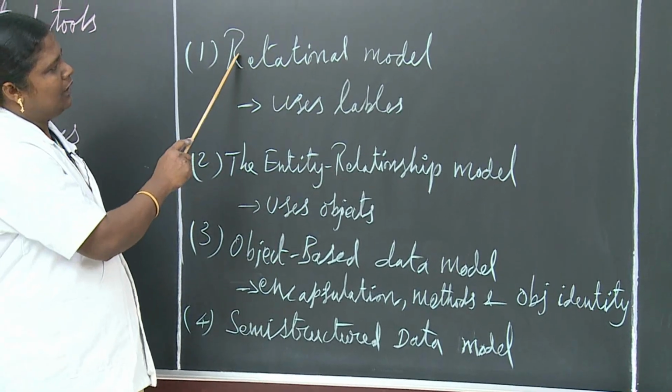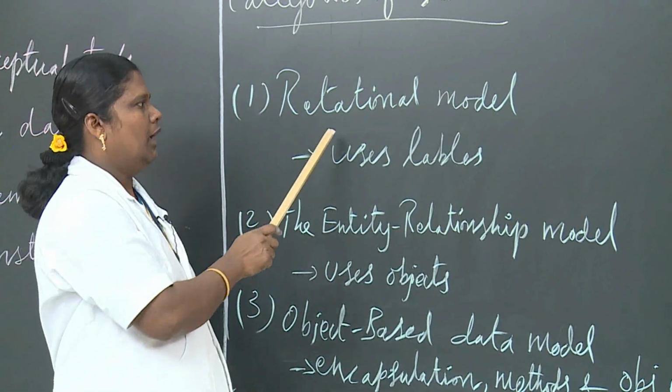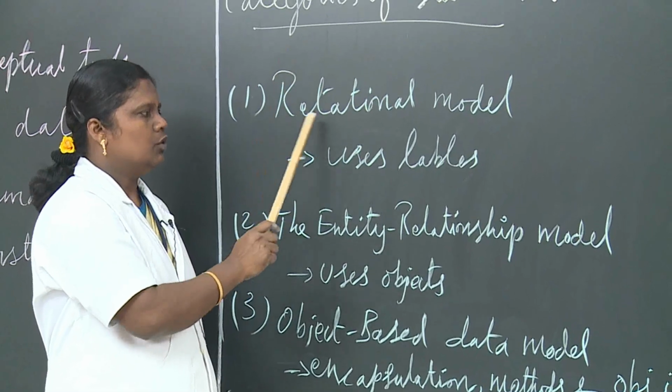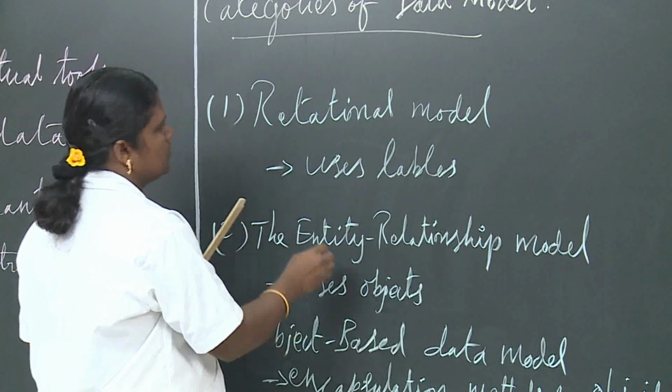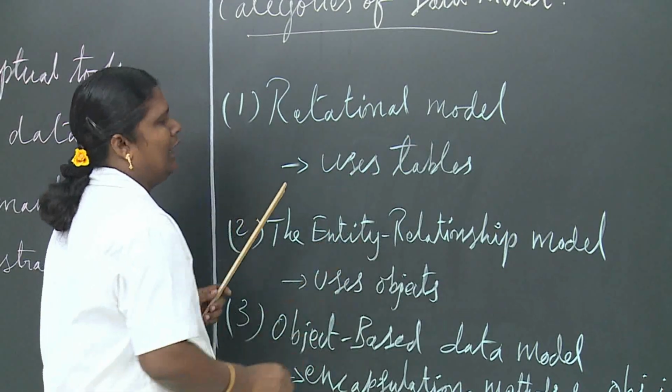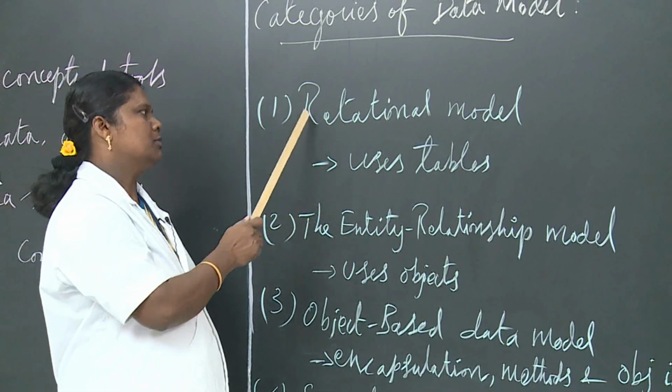The first one is the relational model. This is the most commonly used data model in databases; most databases use this. The relational model uses tables in order to represent the data as well as its relationships.